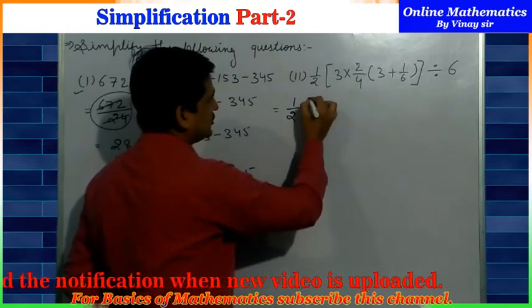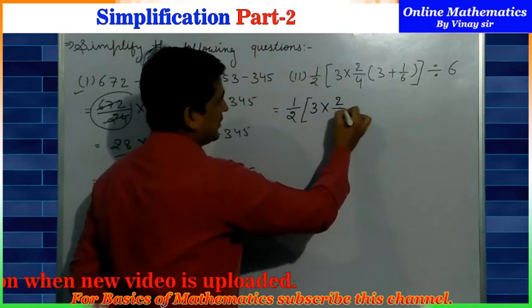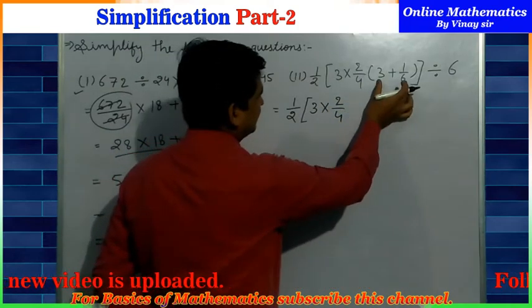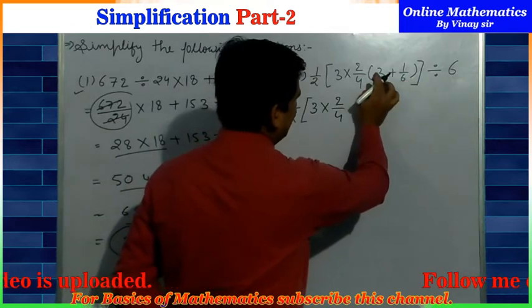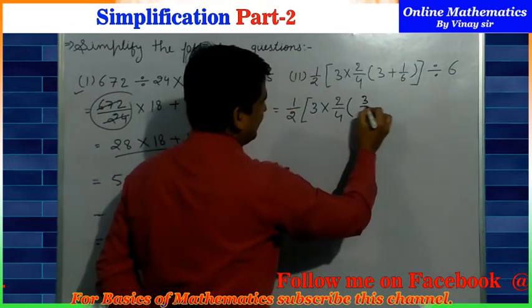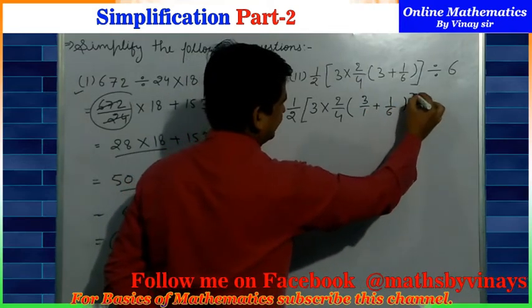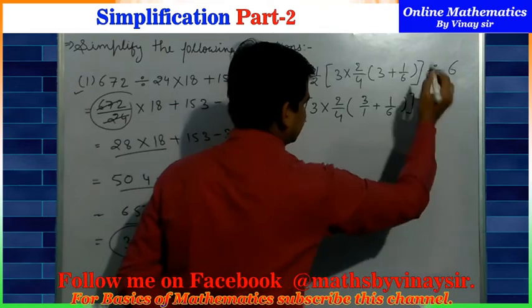1 upon 2 into bracket 3 into 2 upon 4. When we solve this bracket we have to add these two numbers: 3 upon 1 plus 1 upon 6, divided by 6.